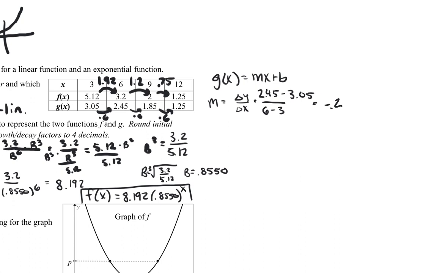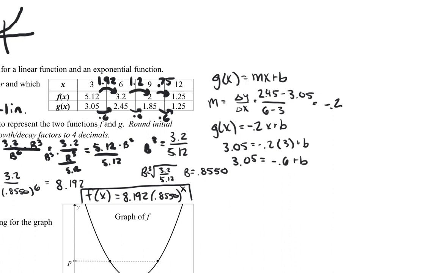And then grab our 3 again, and we can put that into our equation. So g of x is equal to negative 0.2 times x plus b. Now we have to find b, so we can plug in our 3 again. We get 3.05 is equal to negative 0.2 times 3 plus b, and we can solve for b.